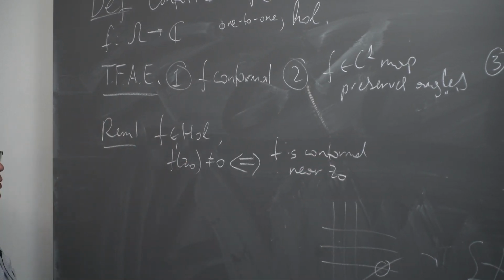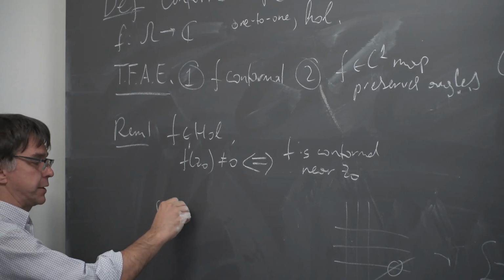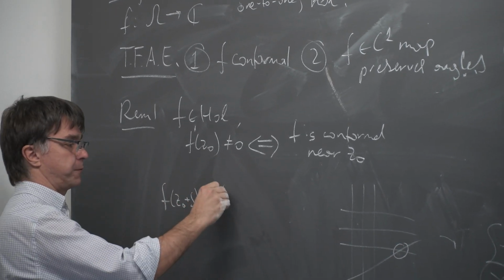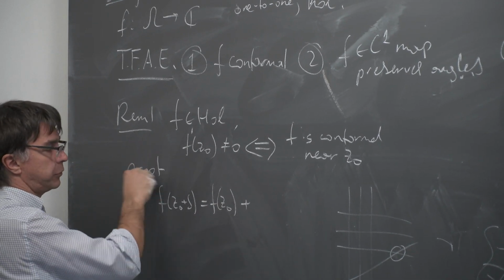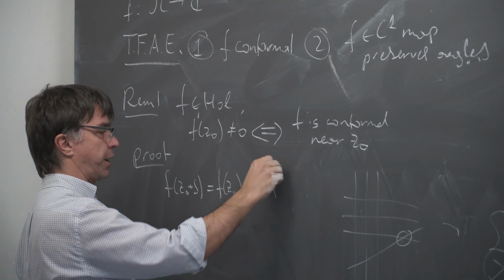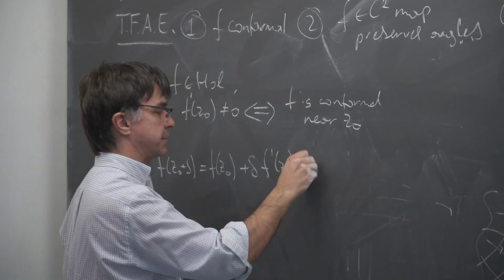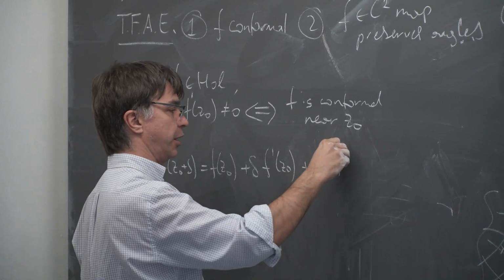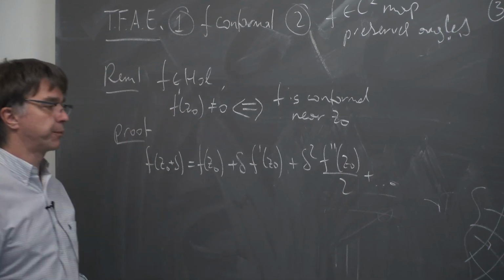Why? Proof: f of z0 plus delta is f of z0 plus delta f prime of z0 plus delta squared f prime prime of z0 plus small order terms.